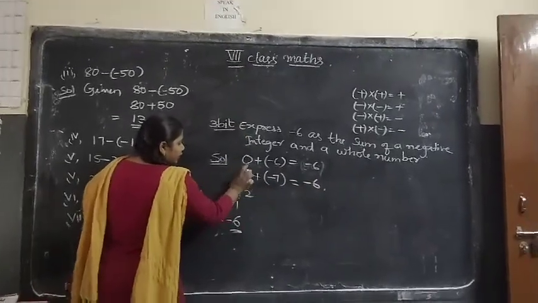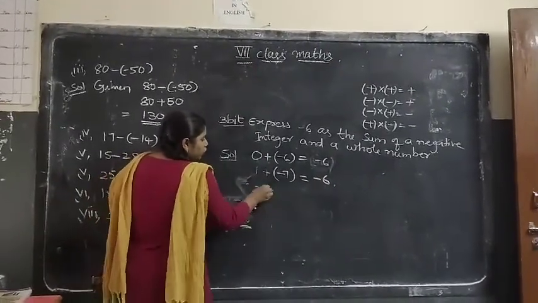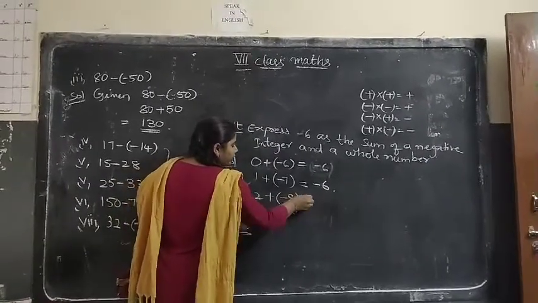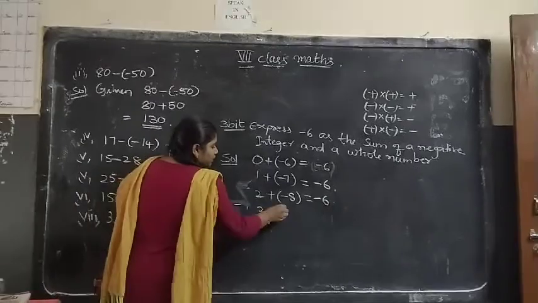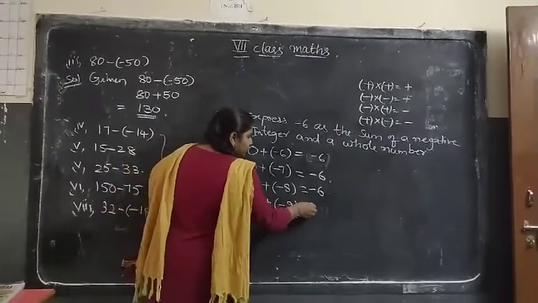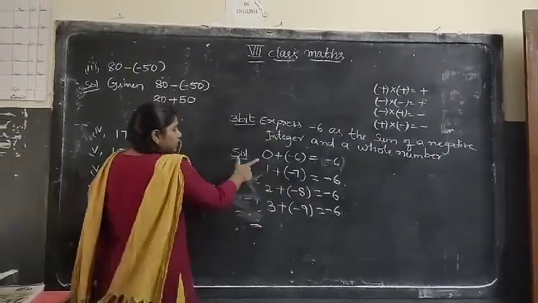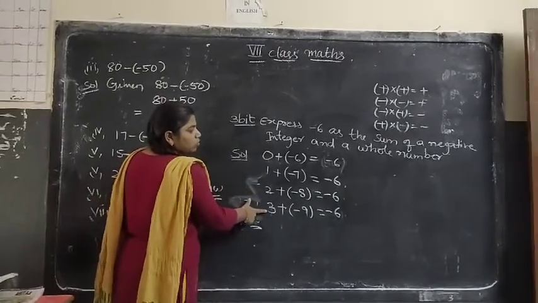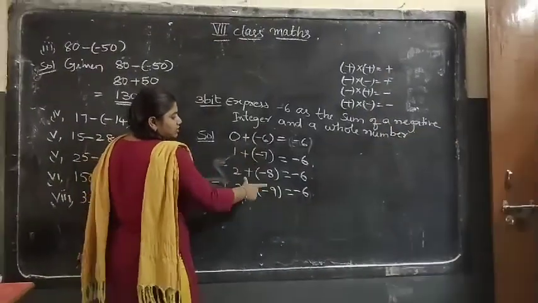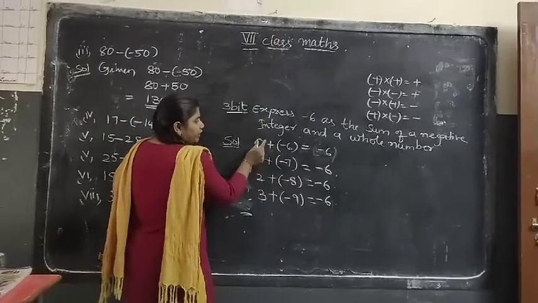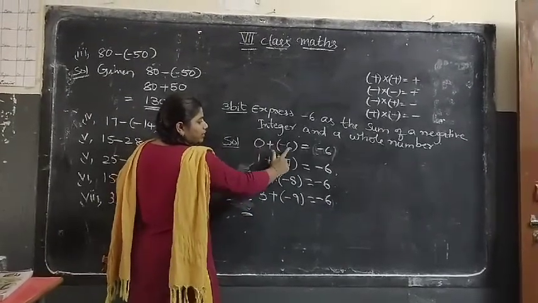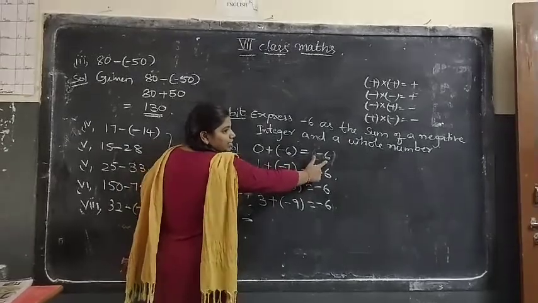In the same way you can write 2 plus of minus 8 equals minus 6. The same way, 3 plus of minus 9 will also be equal to minus 6. Here 0, 1, 2, 3 are whole numbers. Minus 6, minus 7, minus 8 and minus 9 are integers. So what we are doing? We are adding one whole number and a negative integer, and you got minus 6.